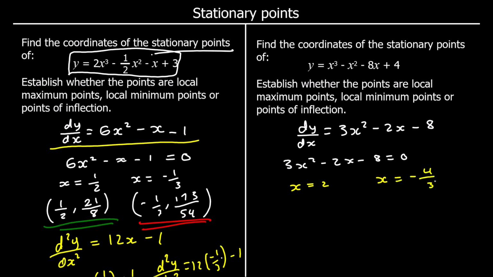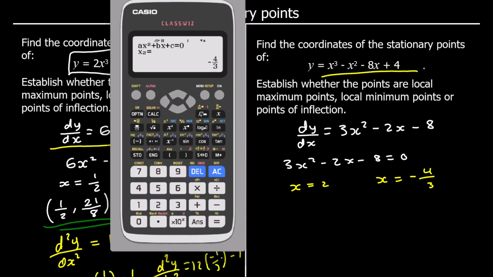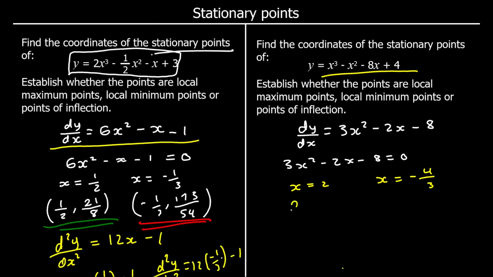We wanted the coordinates, so we're going to have to substitute in. So for 2, we've got 2 cubed minus 2 squared minus 8 twos plus 4, which is negative 8. So 2, negative 8.